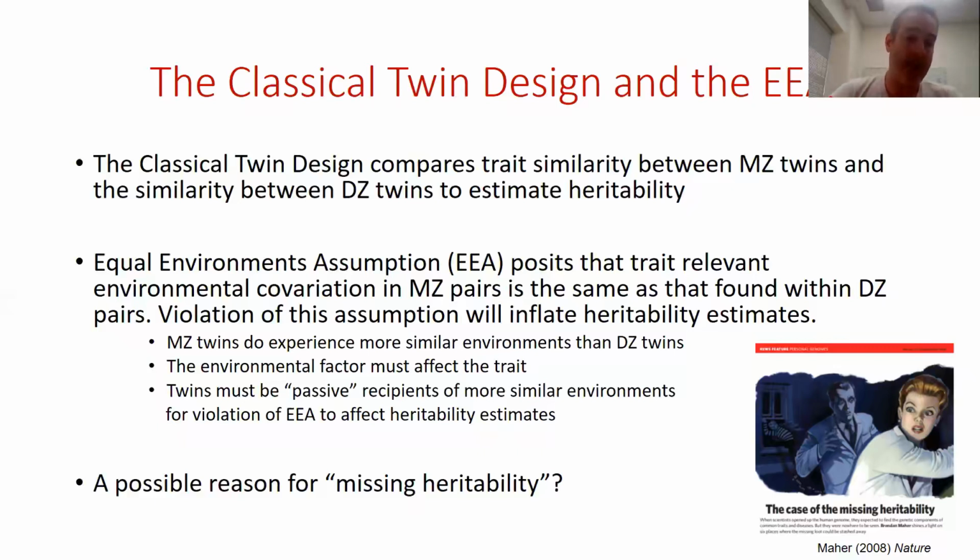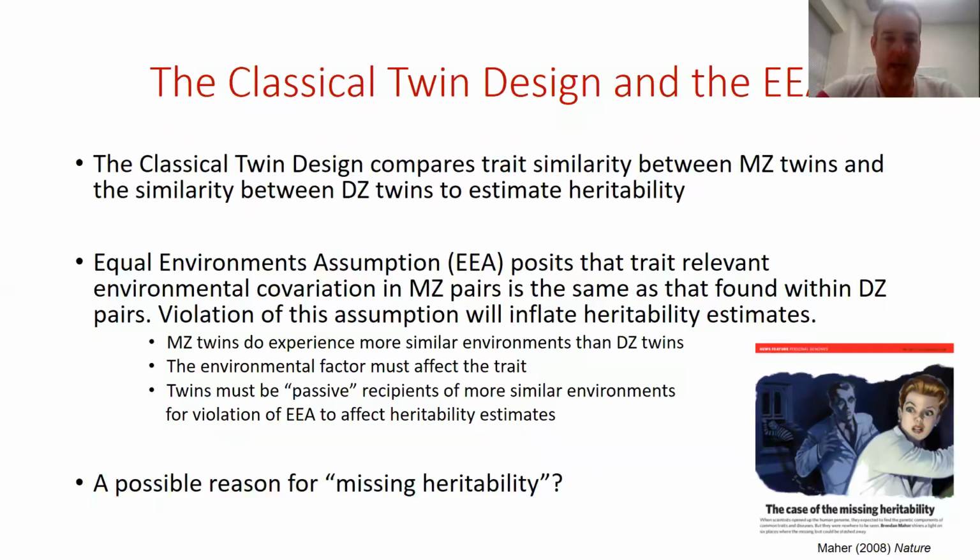There certainly is good evidence that MZ twins do often experience more similar environments than DZ twins, but the environment has to affect the trait in order for it to bias estimates of variance components. And the other thing, of course, is that twins have to be passive recipients of these more similar environments for violation of the equal environments assumption to affect the heritability estimates.